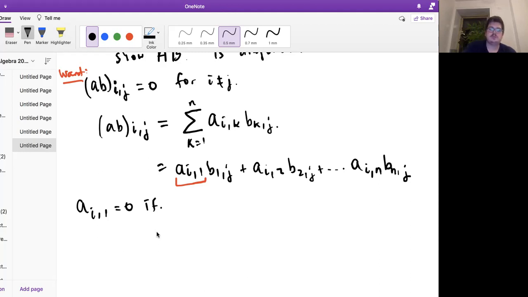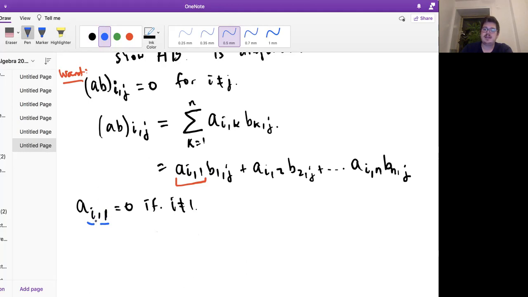Well, our j is already 1. So it's equal to 0 if the i is unequal to 1. So I have my row and my column, and 1 is already defined for us to be the column.